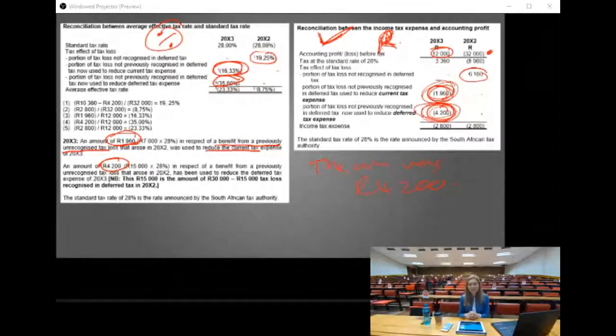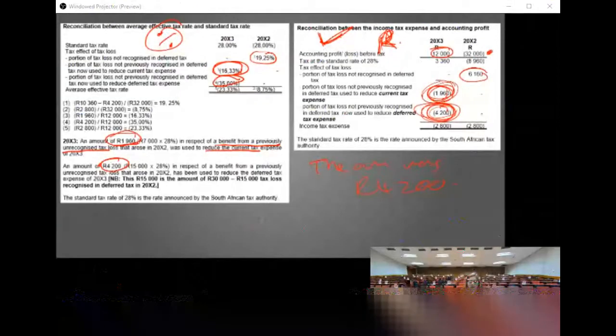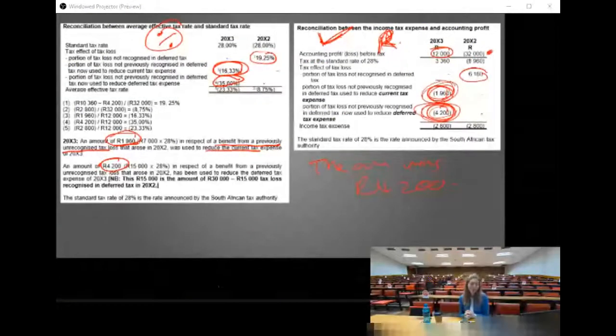So if you can convince your auditors that this is the correct tax treatment, and then you also have to convince the receiver of revenue, then you can go for the most advantageous position.